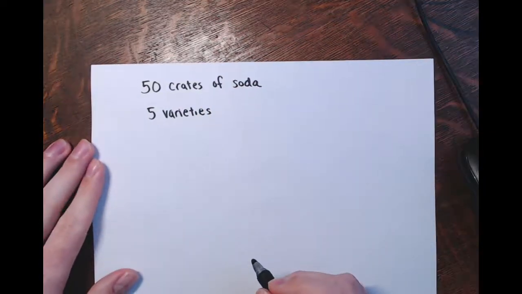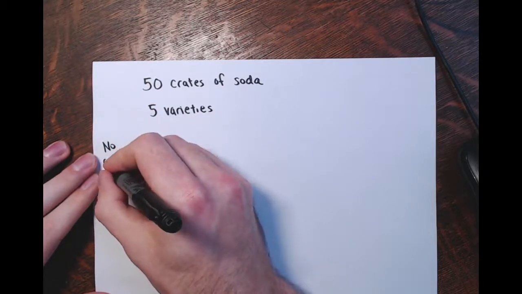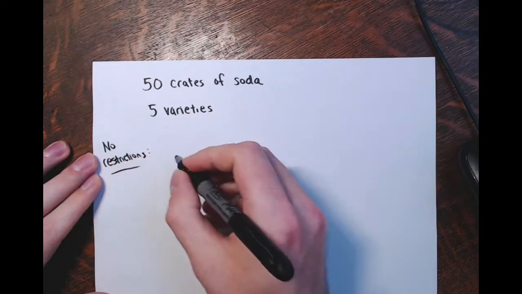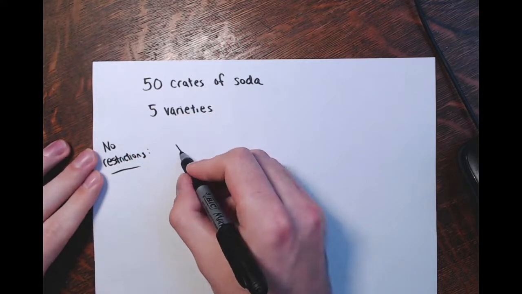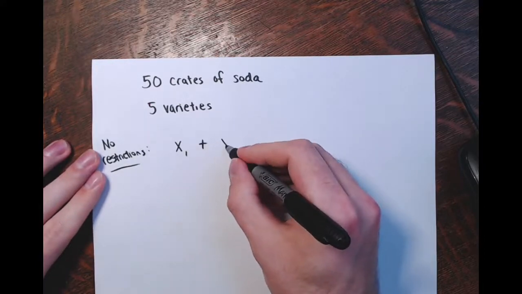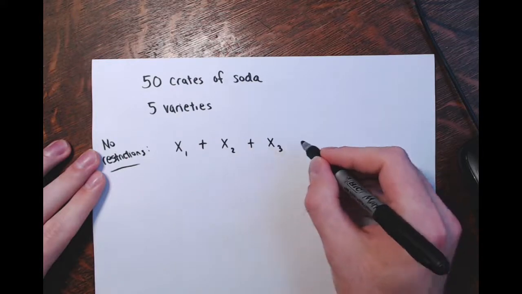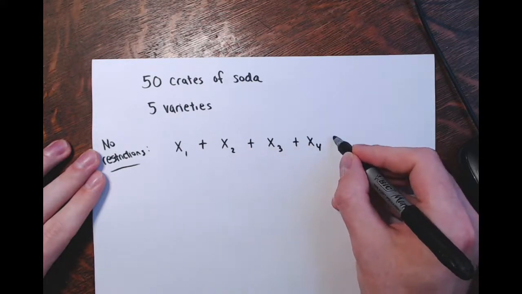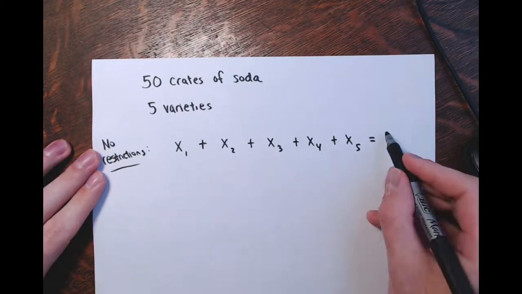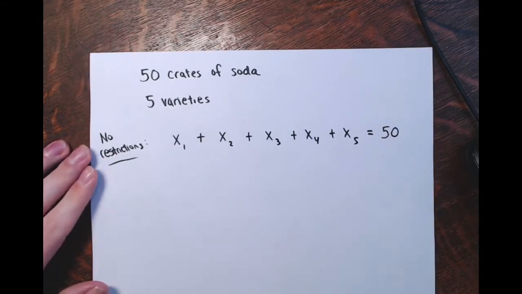If there were no restrictions, we'd be solving an equation where the number of crates of the first variety plus the number of the second plus the third plus the fourth plus the fifth has to add up to the 50 crates she's purchasing.